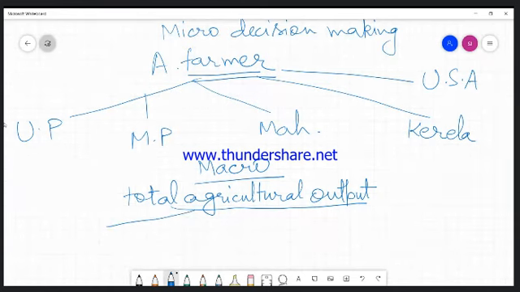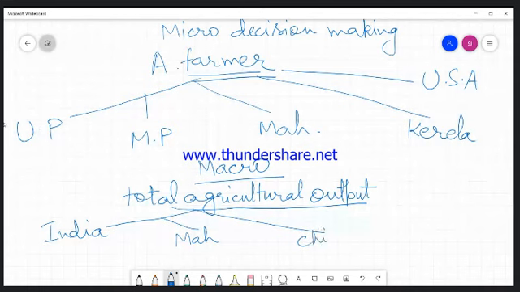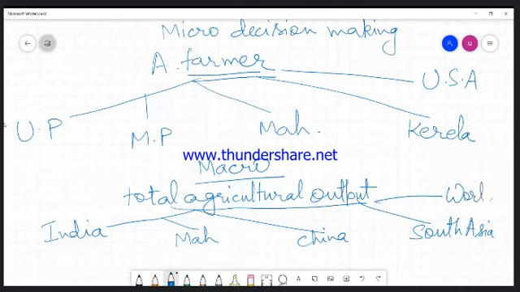It can be India, Maharashtra, China, South Asia, or the world.